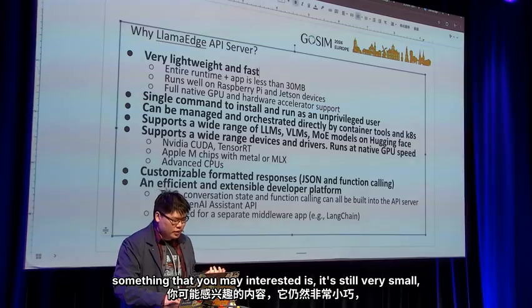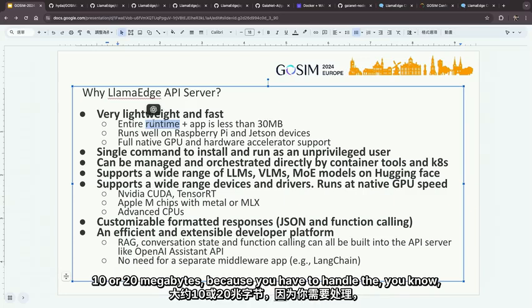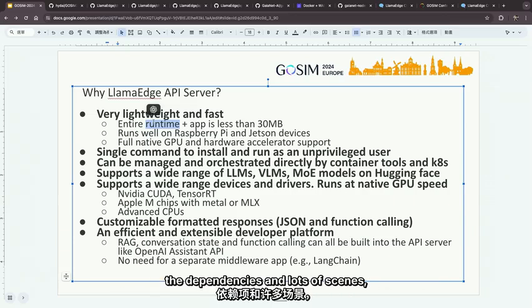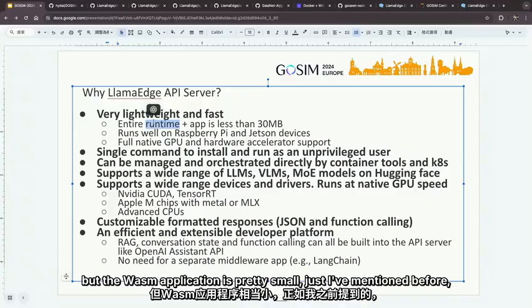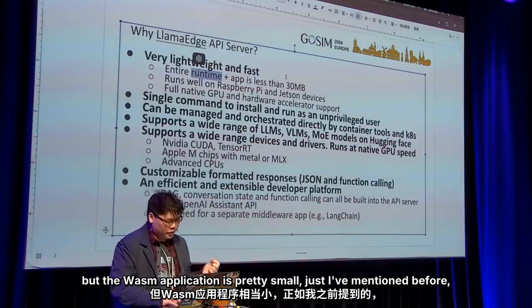Something that you may be interested in is that it's still very small. The runtime itself, the WasmEdge runtime, takes 10 or 20 megabytes because you have to handle the dependencies and lots of things. But the Wasm application is pretty small, just as I mentioned before.